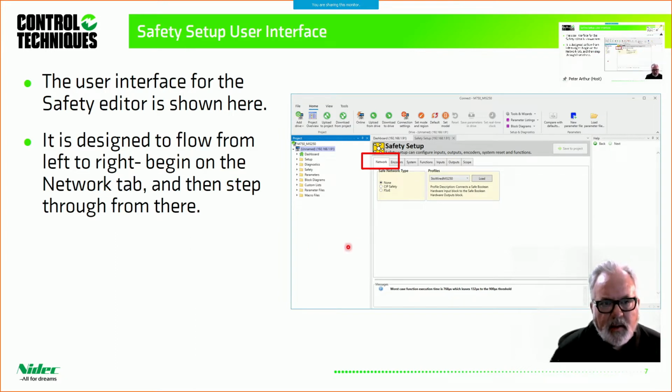You can see it's a tabbed setup, and it's designed to flow from left to right, but you can jump around in here to any part of the setup that you would like to edit. The tabs are network, encoders, system, functions, inputs, outputs, and scope. So we begin on the network tab.